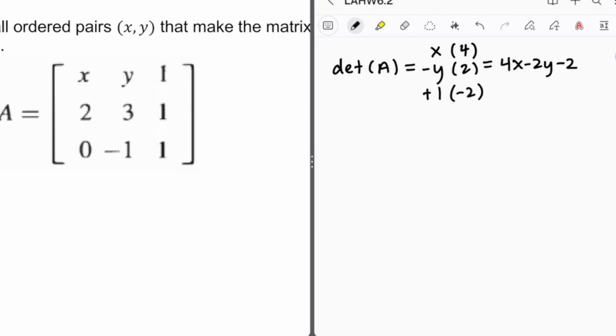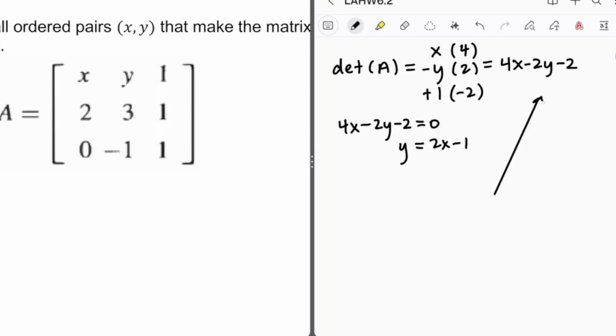If it's singular, we need the determinant to equal 0. I could solve for y: 2y equals 4x minus 2, so y equals 2x minus 1.